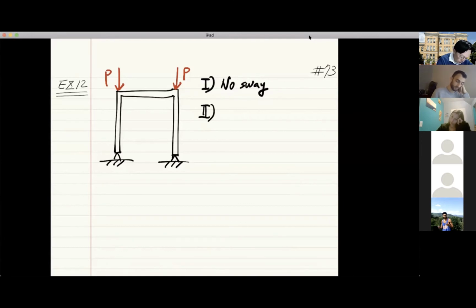Then the other way is sway, or with sway.